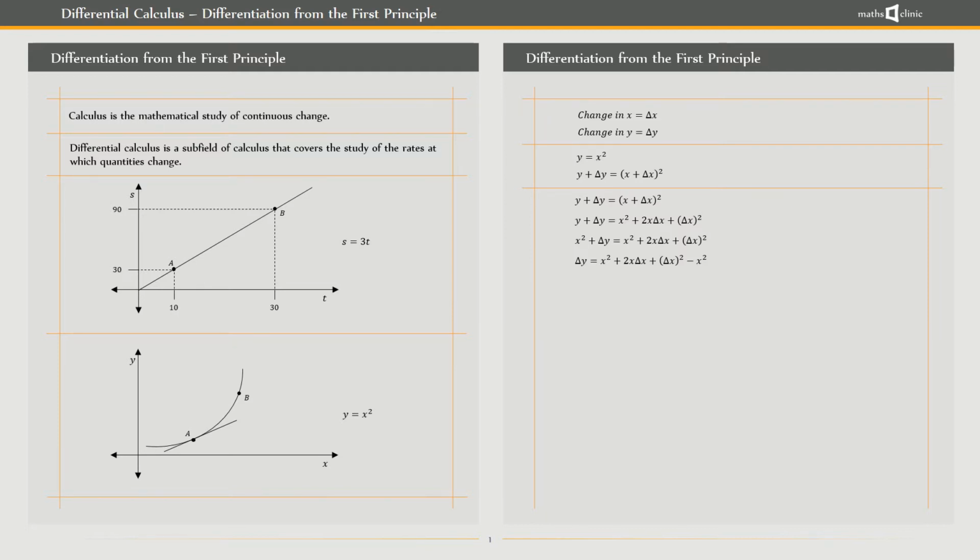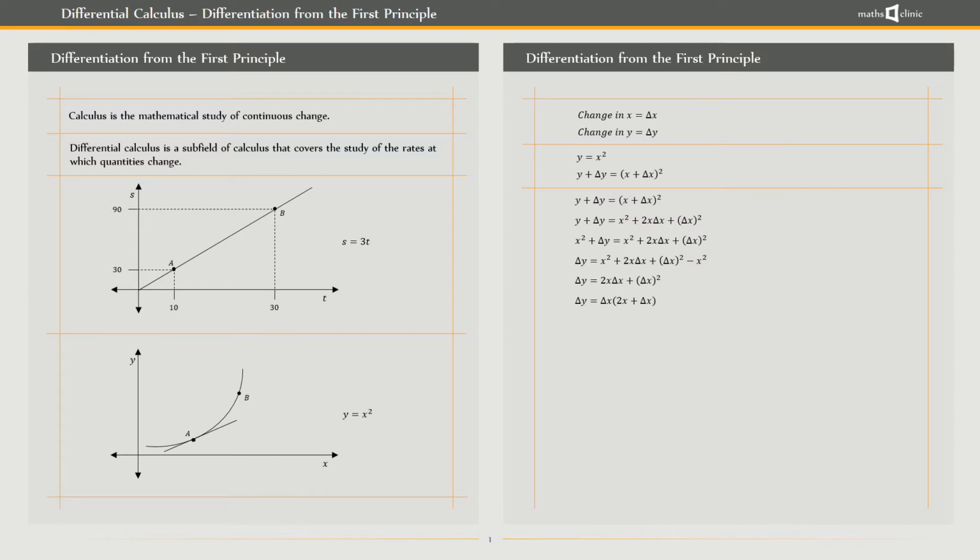Remember what we're trying to arrive at here. We're trying to get delta y over delta x, i.e. the gradient of the curve. Now, because we have x squared and minus x squared, I can cross those out. I can then say delta y equals 2x delta x plus delta x all squared.